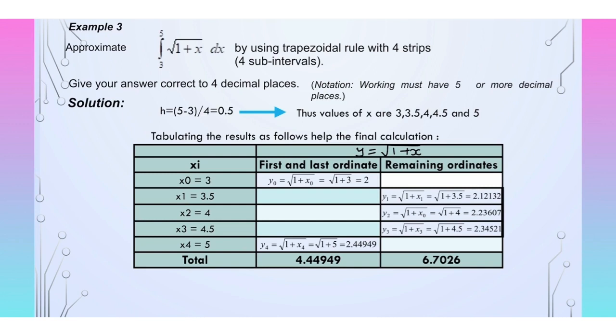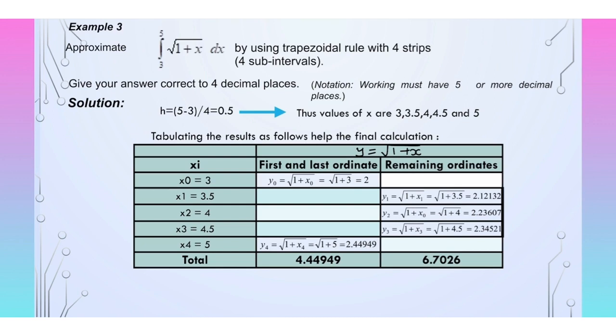And y3 is square root of 5.5. We have 2.34521. And as you can see, the calculations all have 5 decimal places, because our last answer should be 4 decimal places. After this we will add up all these values together. We have 6.7026.